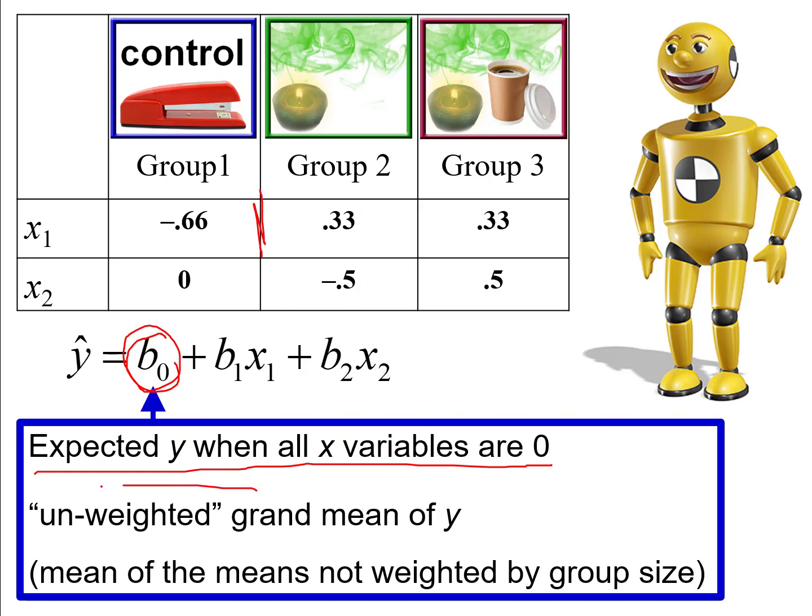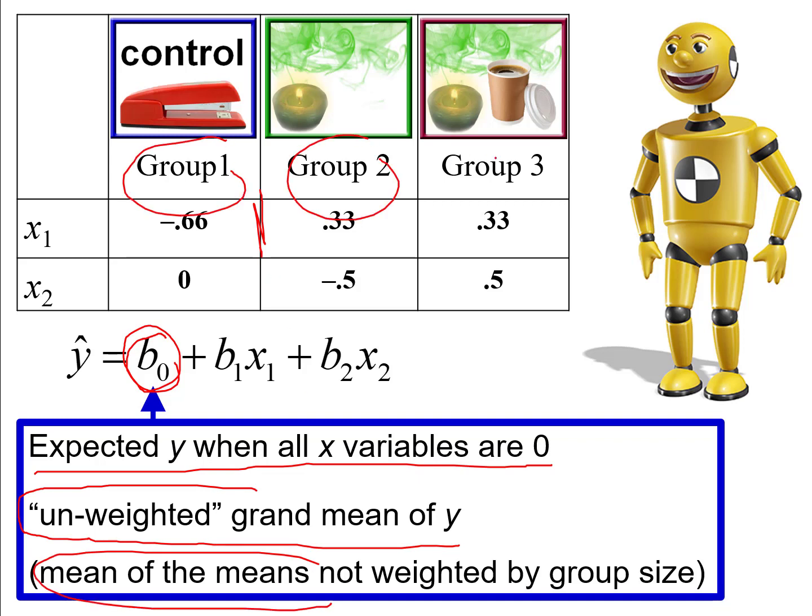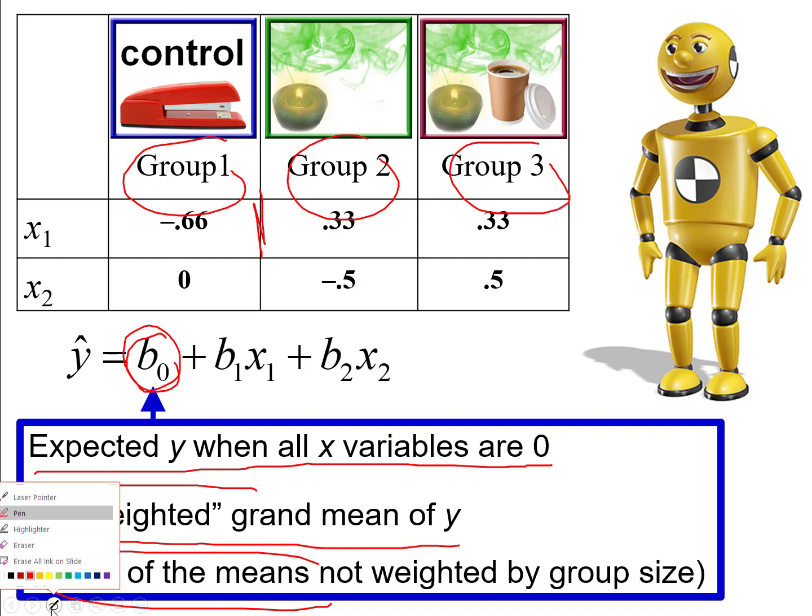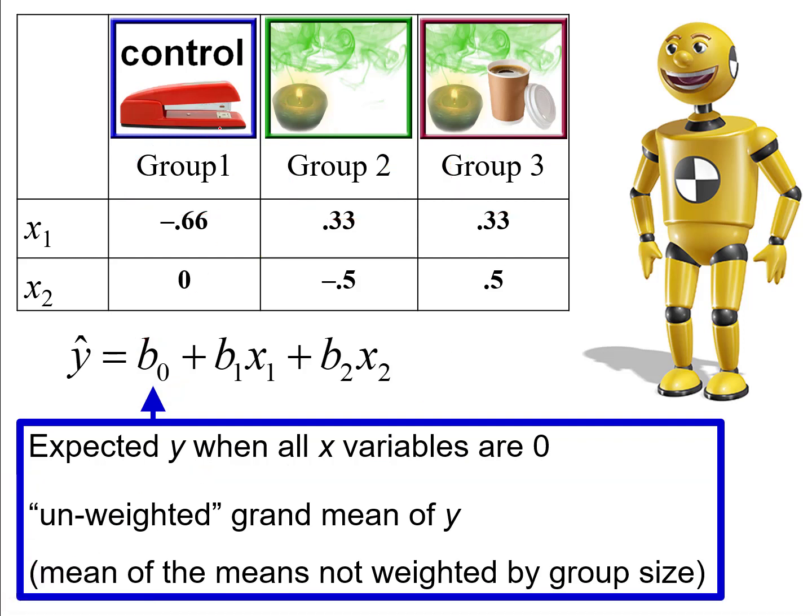So what that means is that it's essentially a type of average, but actually it's going to be the unweighted grand mean of y. In other words, it's going to be the mean of the means. If I take the mean for group 1, plus the mean for group 2, plus the mean for group 3, and divide by 3. What I mean by unweighted is that I'm not paying attention to sample size.